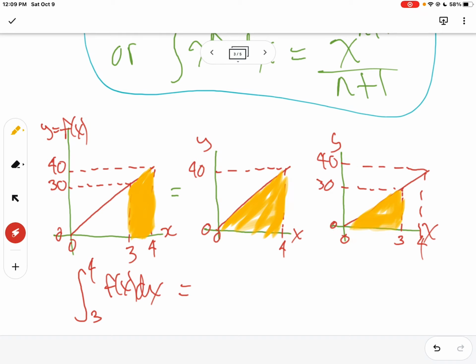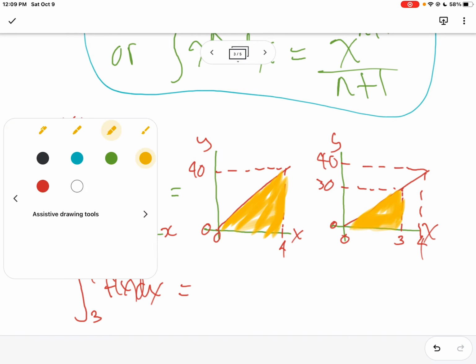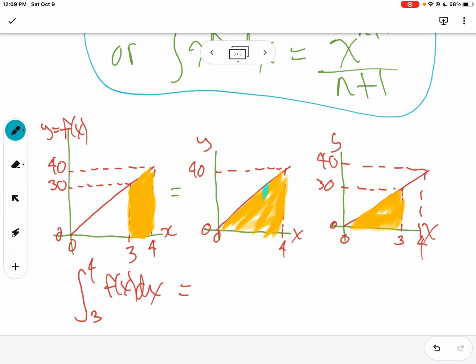What would I do? You probably figured it out. You'd have to remove this area here, right? If I remove the area from 0 to 3 from the area that's 0 to 4, I'd be able to do it. That would be equal to this area right here, right?